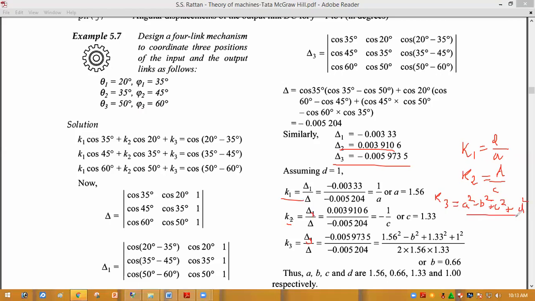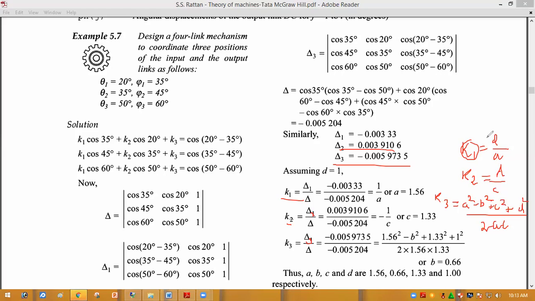We know the value of k1, that was found by the previous step, delta 1 divided by delta, but we don't know the value of d and c. If you take any equation and there is only one unknown, we can easily find out that value. But since in this equation we have two unknowns, we cannot find the answer.